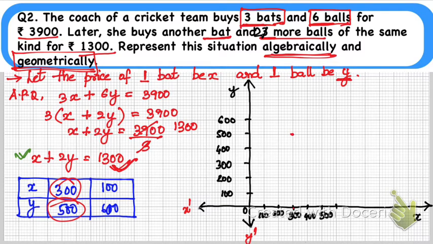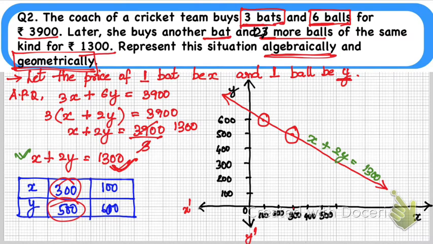So the point we will get is here, this one, right? 300, 500. x 100, y 600 will be the point over here. And if you join these 2 points, you will get a straight line. And this line will represent the equation x plus 2y is equal to 1300. So in this case, for both the equations, we got the same graph, meaning we got the same line, and the line is like this.